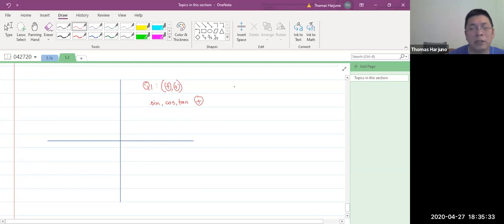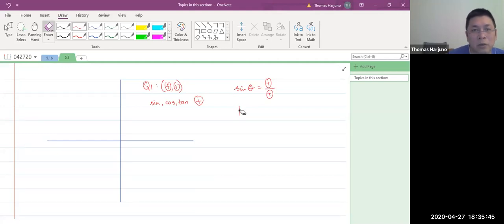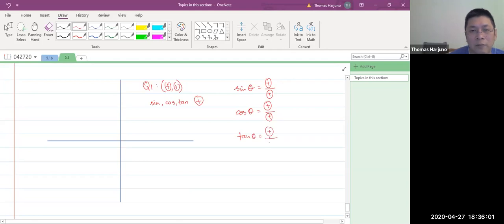Imagine this: sine theta is positive over r, but r is always positive. Cosine theta is x over r, the x is positive, the r is positive. Likewise, for tangent theta, the y is positive and the x is positive. So all of these will be positive.